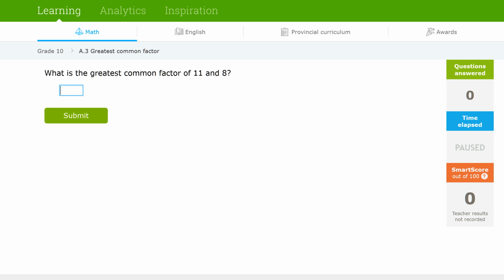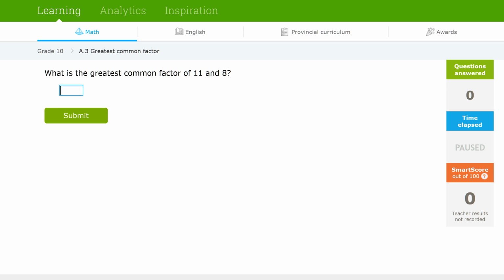What is the greatest common factor of 11 and 8? Greatest common factor. That means which common number divides 11 and 8 and is the greatest at the same time?